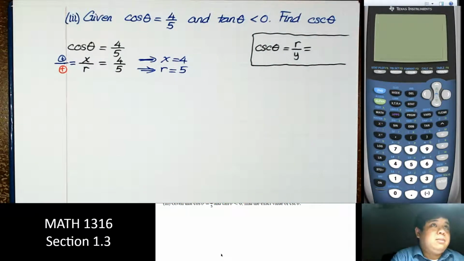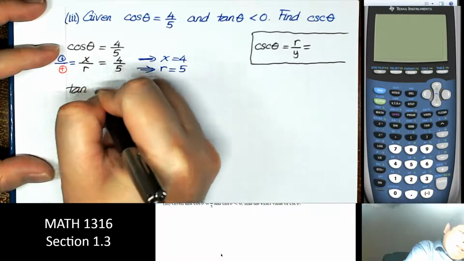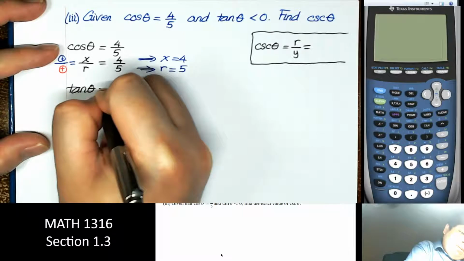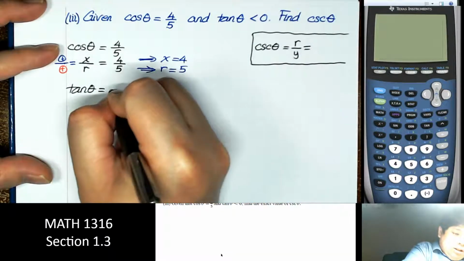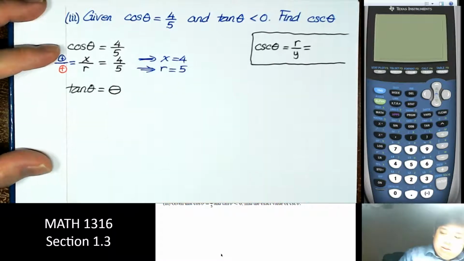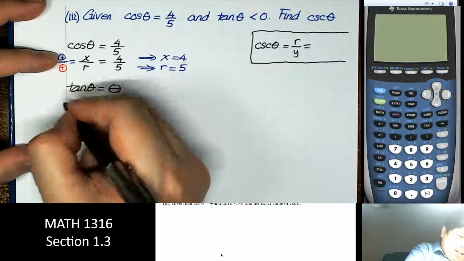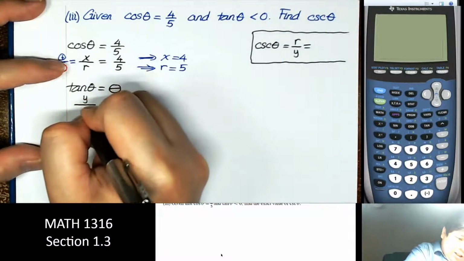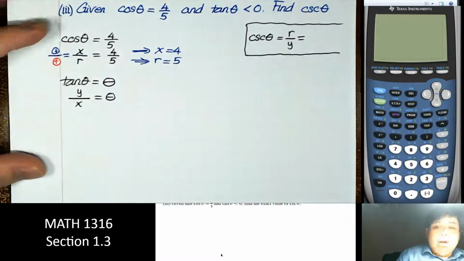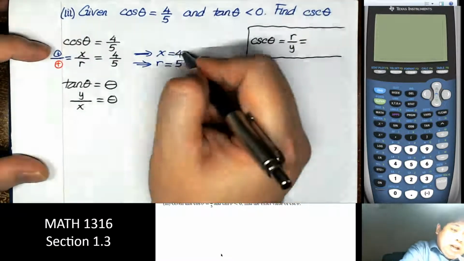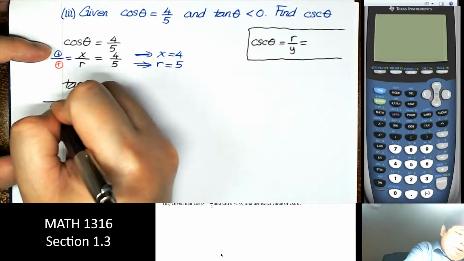Right. Now, tangent. The question gives us that tangent is negative. Tangent is y over x, and it is negative. We know for sure x is 4, x is positive.